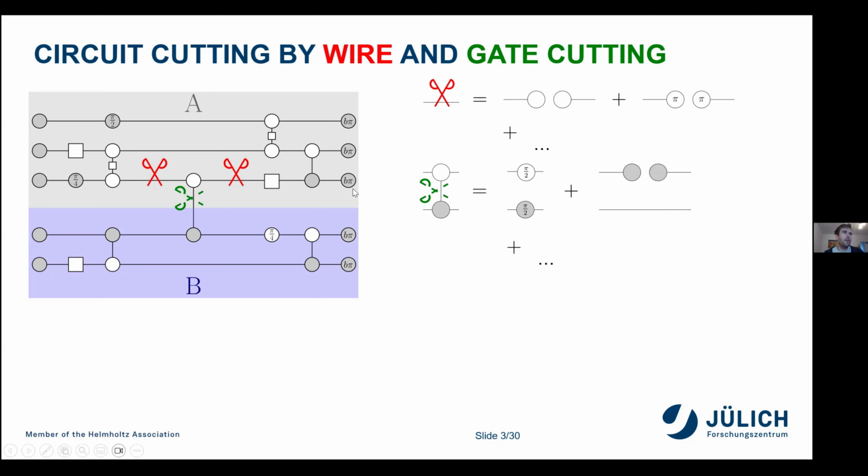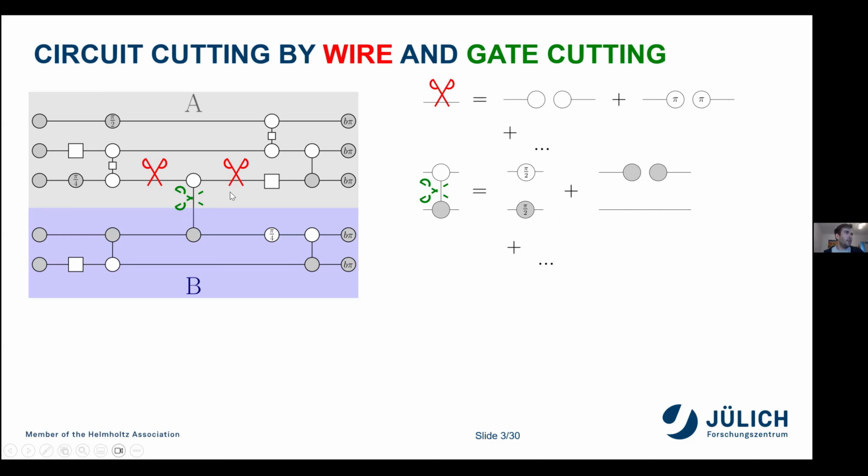The second technique that you can use is called gate cutting, which you can see here for the CNOT gate. Here the idea is simply that you rewrite this gate as a sum of more local operations, which can be more local gates, but can also be, again, measurements and reinitializations.